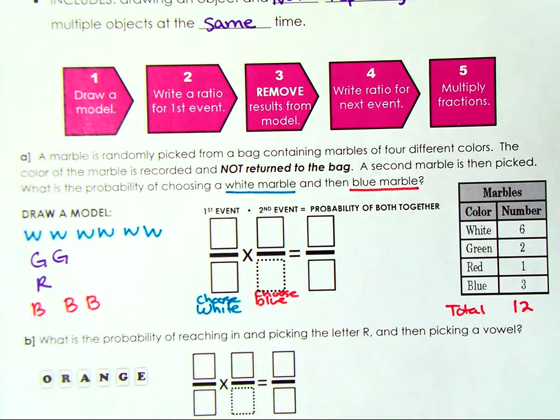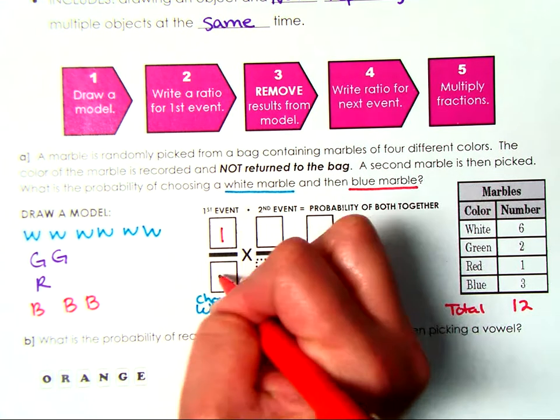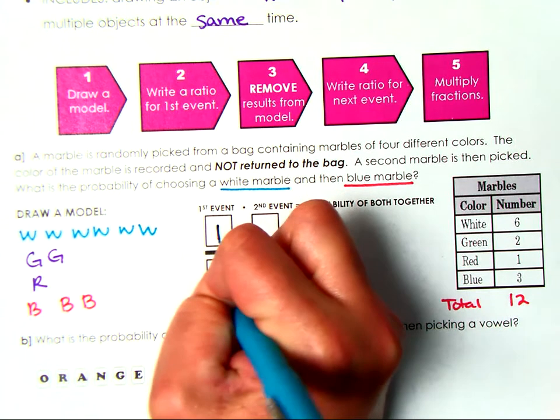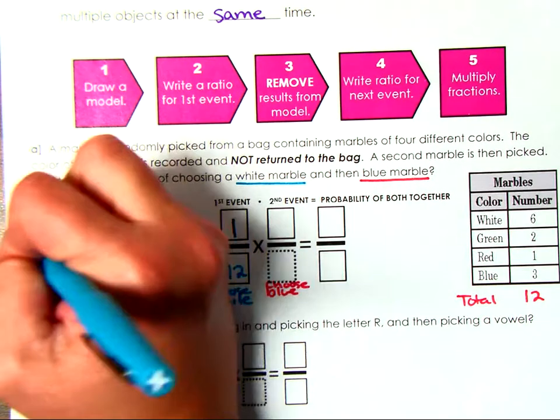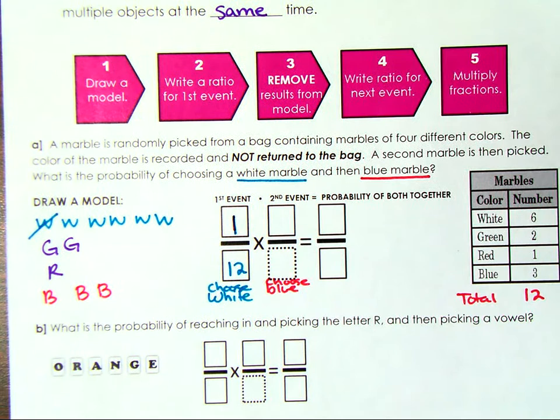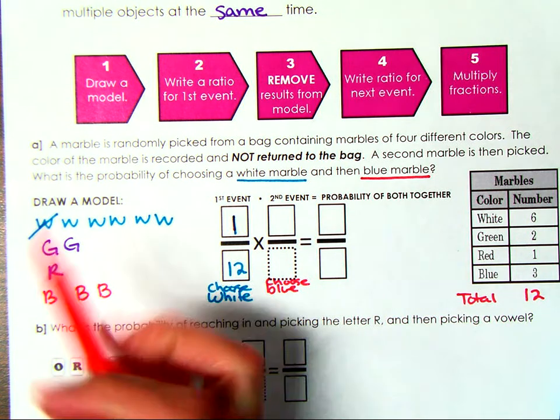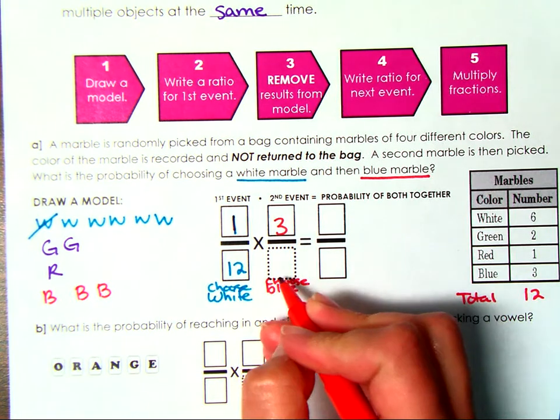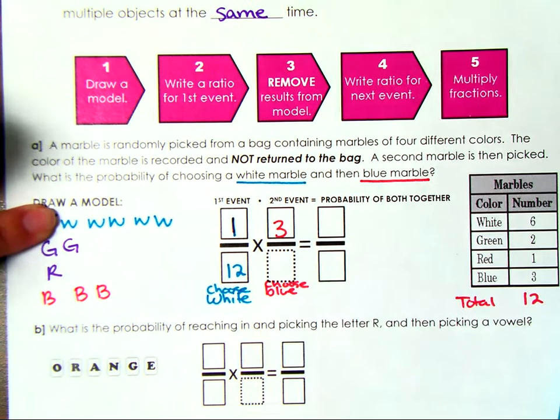So the probability right now of you choosing a white marble is 1 out of 12. Let me keep that with that color. 1 out of 12. Well, if you take that white marble and you keep it, now let's see what happens. How many are blue? We still have 3 blue. But are there 12 total if you kept this one?